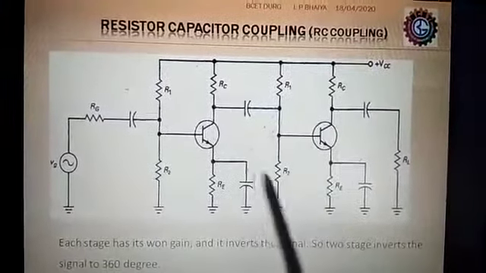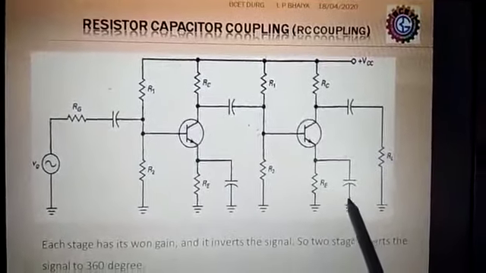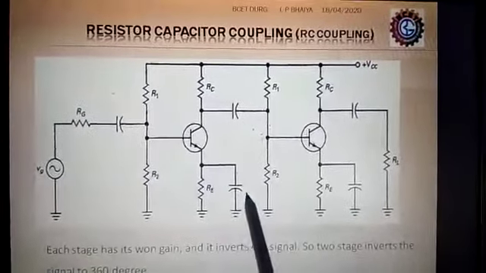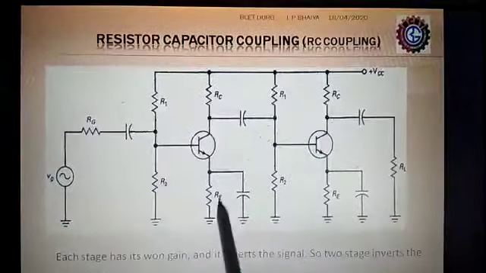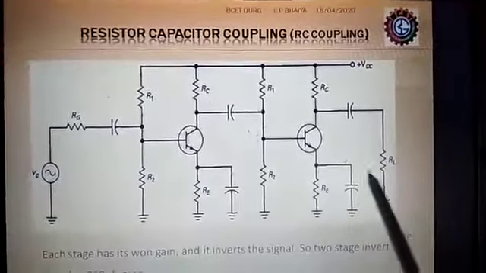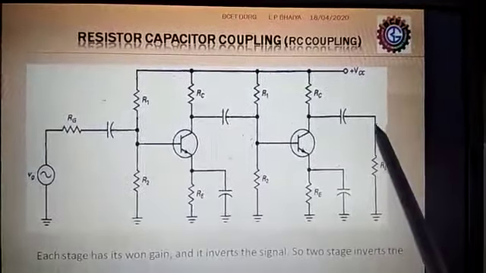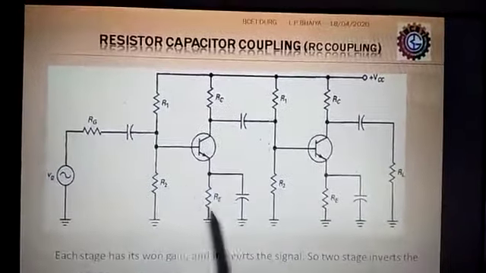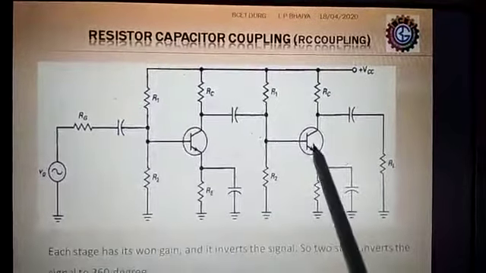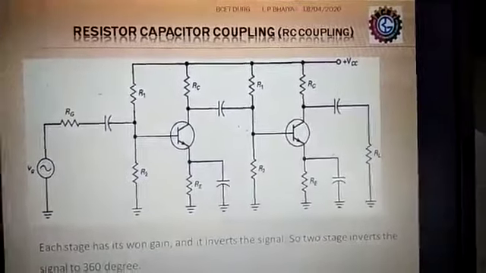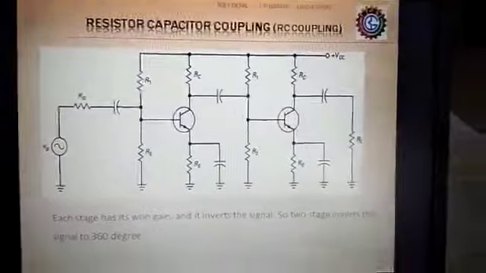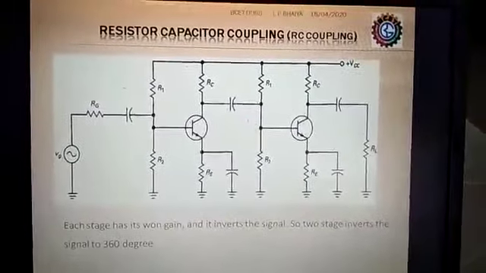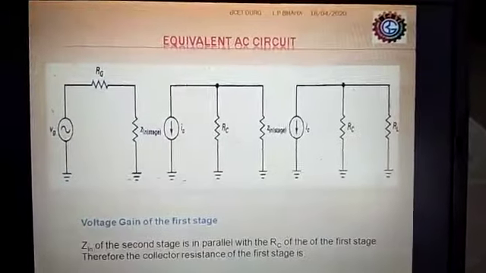In both the transistors, bypass capacitors are used in the emitter circuit so that the AC input voltage should not drop across this RE. And we will get the amplifier output at this collector C2. So this is called a two-stage RC coupled amplifier, and it is mostly used in various circuits to amplify small signals.